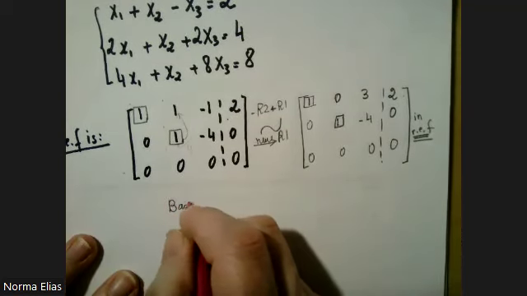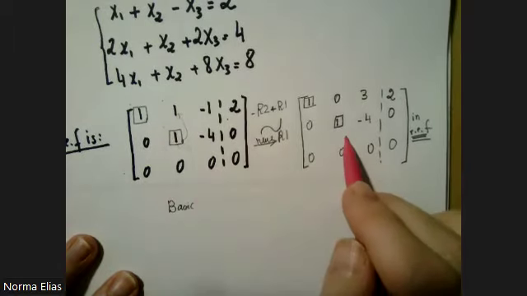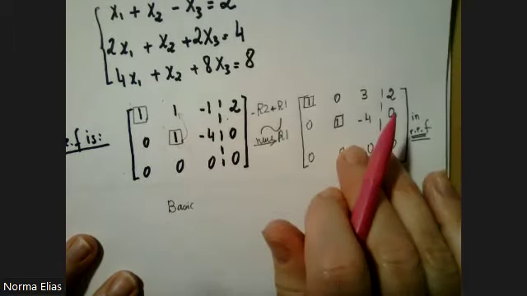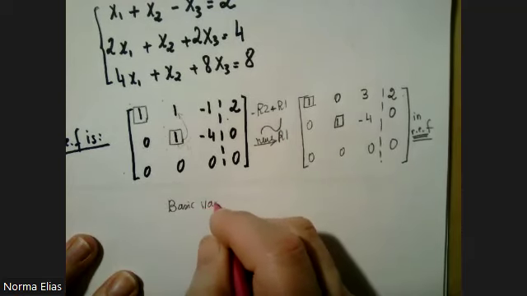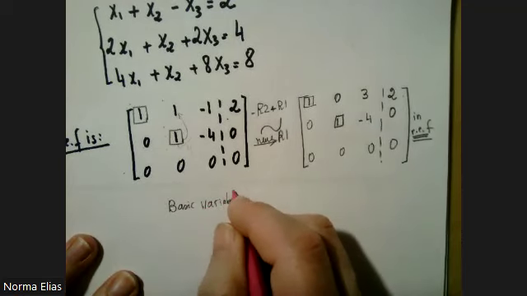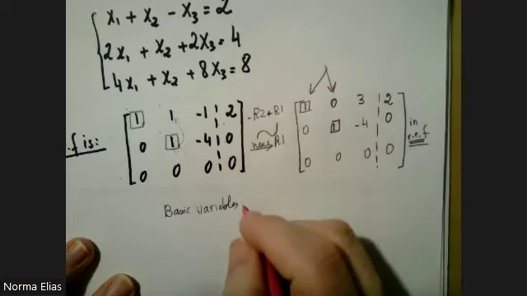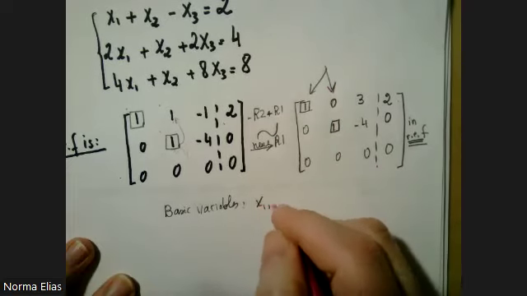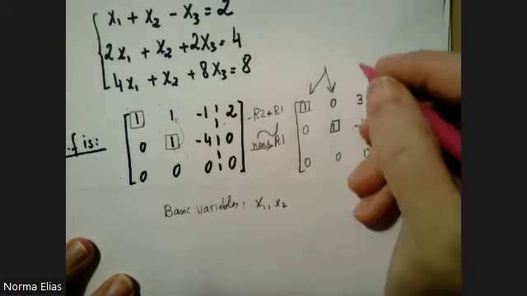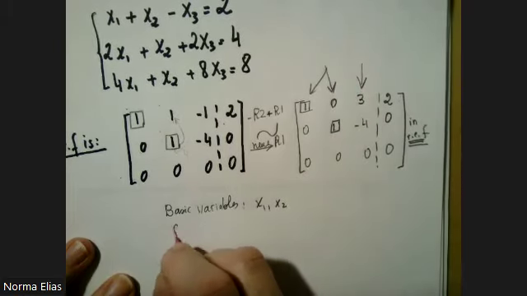So since the position of the leading never changes, whether I am in echelon or reduced, the basic variables are going to be this one and that one. Those are the basic, x1, x2. And this is the free because there is no leading.